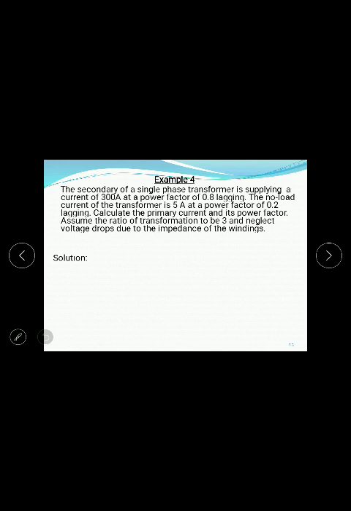The solution. So given data, I2 is 300 amps, and cos phi 2 is 0.8 lagging, I0 is 5 amps, cos phi 0 is 0.2 lagging. From that, k is equal to 3.